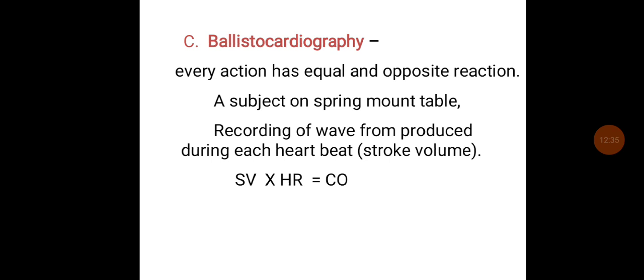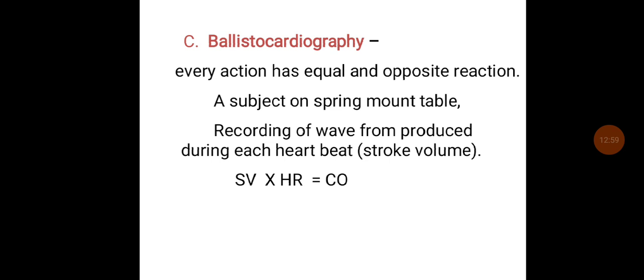Okay, the ballistocardiography technique uses Newton's third law, that every action has an equal and opposite reaction. So a subject will be mounted on a spring-mounted table and the wave produced during each heartbeat is recorded.